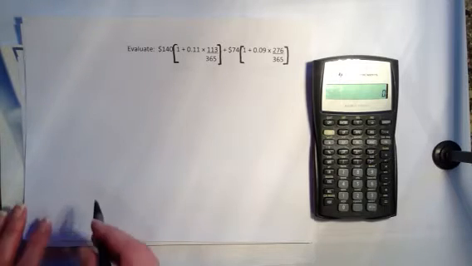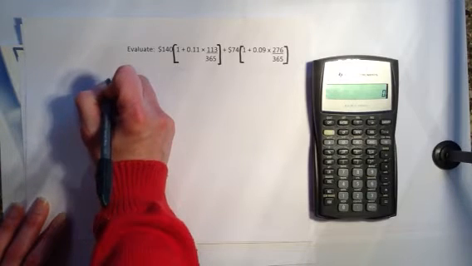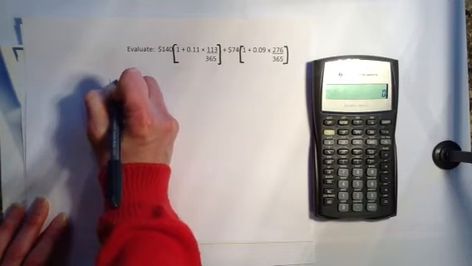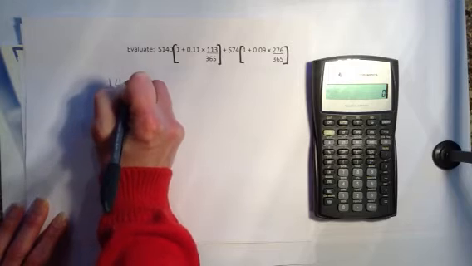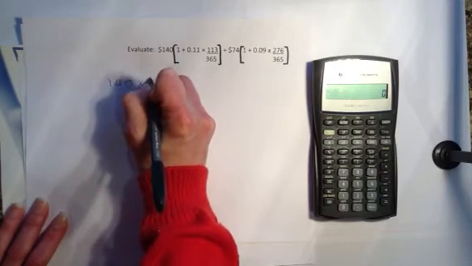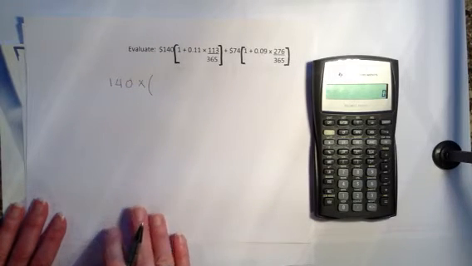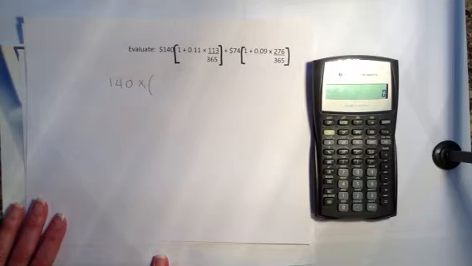So let's put down, okay, first of all, we're not going to put the dollar sign down. We're just going to put 140, and we're going to multiply that by, and here we have to type in the bracket into the calculator, because although the calculator is smart, it doesn't know that you want to do what's in the brackets first unless you tell it that the series of numbers you're now going to key in are in brackets.